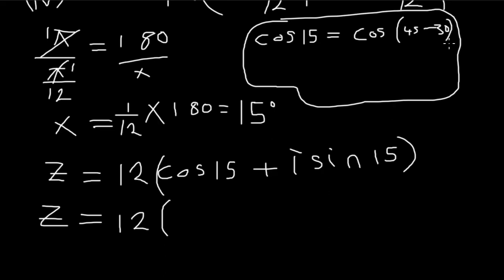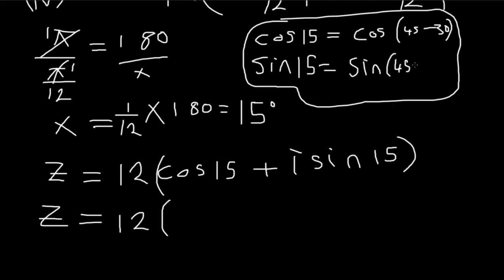So you're just building on what you already learned. And then sine 15 is the same. Sine 15 is equal to sine 45.